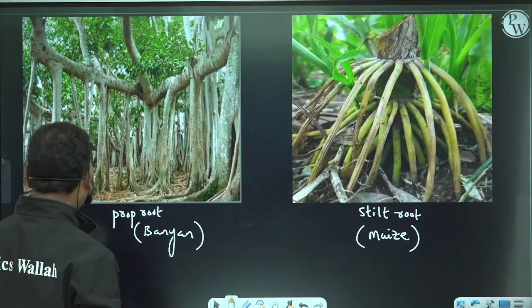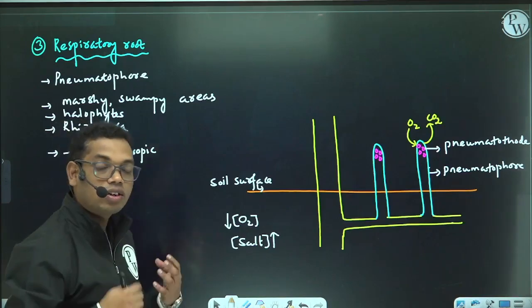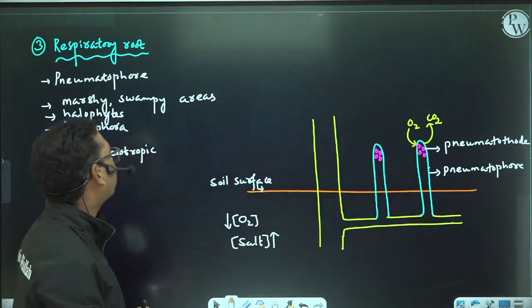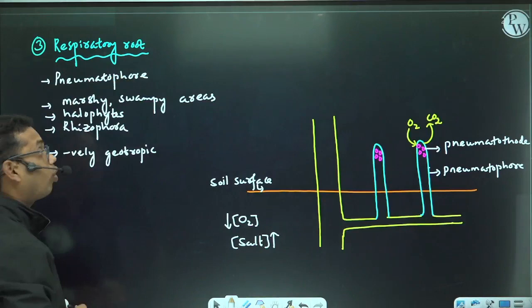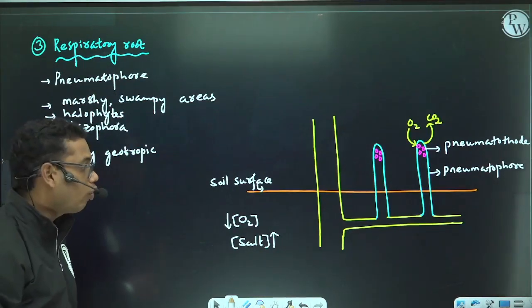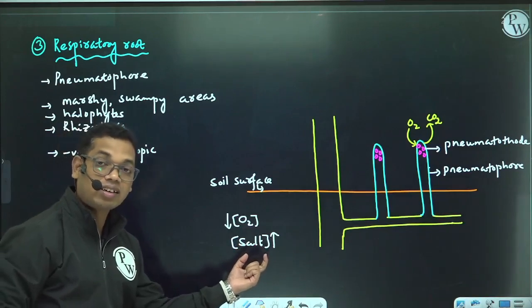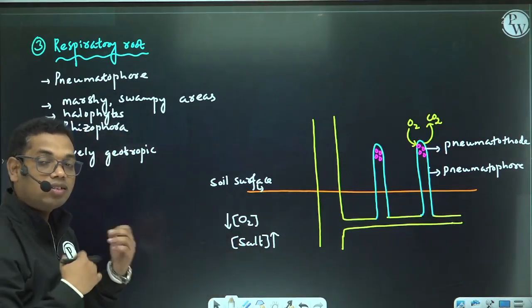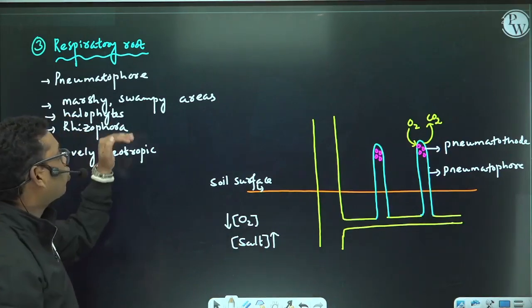Now there are some roots which are meant for gaseous exchange, and such roots are called respiratory roots, or pneumatophores. They are found in areas where the salt concentration is high, and that is why such plants are called halophytes. These areas are marshy or swampy areas.